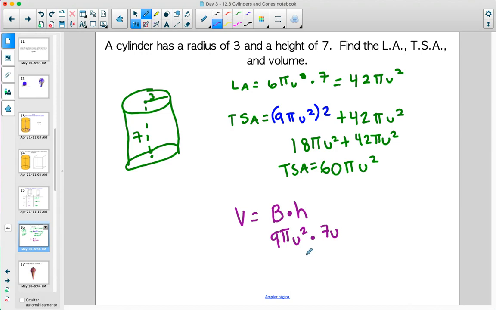Think about what that's going to be. 63 pi units cubed. Because remember, when we talk about volume, no longer are we talking about a 2D surface. We're also talking about 3D. So how tall this is, right? Because here we have another quarter, here we have another quarter, essentially until we create that cylinder that is now 3D space. So it's now contained within that space.